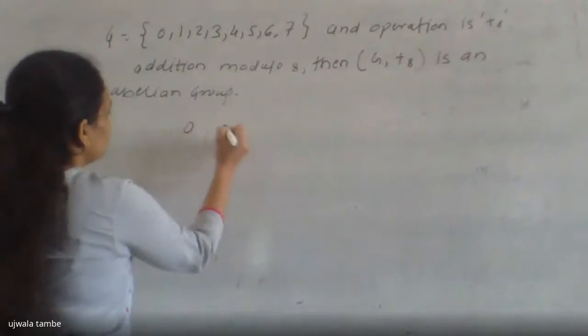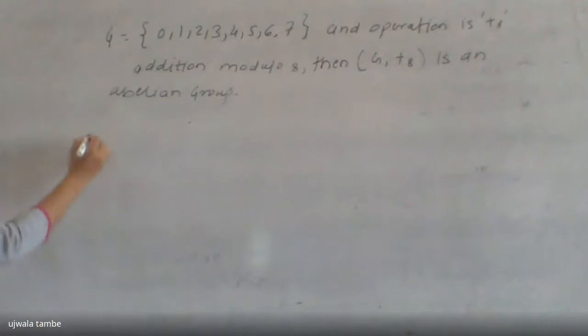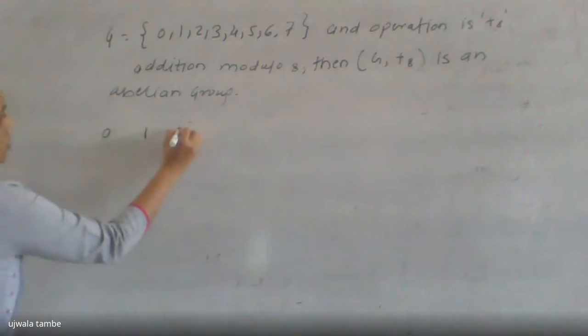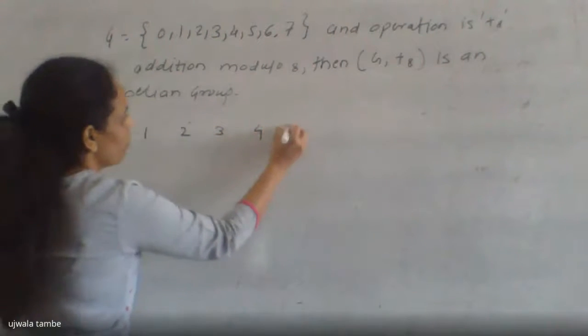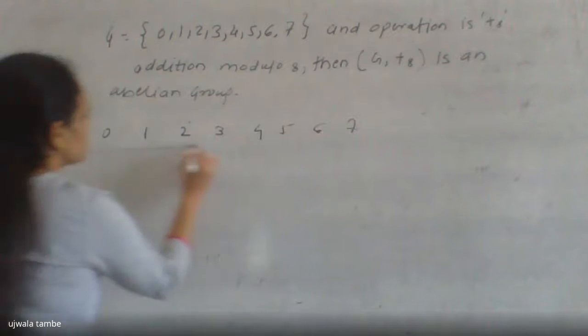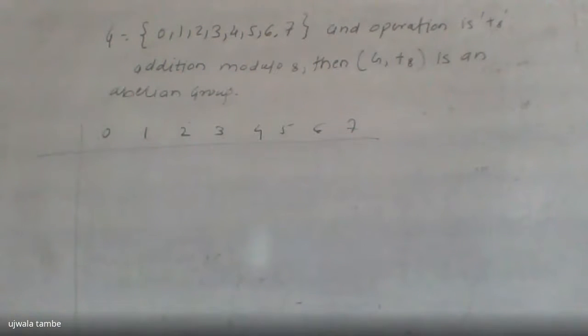Okay, so how to form the table? First write down all the values, that is 0, 1, 2, 3, 4, 5, 6, 7. Okay. And here the modulo 8 operation, 0, 1, 2, 3, 4, 5, 6, 7. Right? So as we know the mod operation gives us the remainder, right? And we have to check for modulo 8.